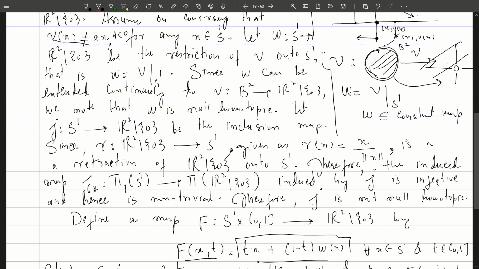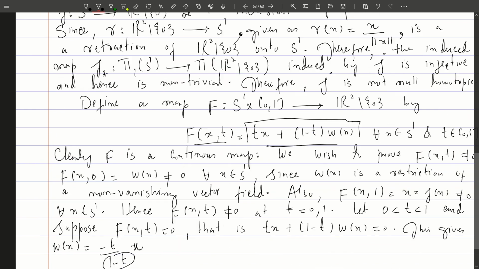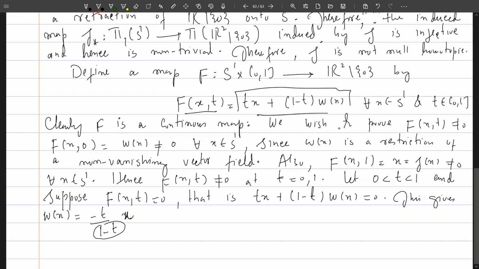So v of x cannot be equal to a times x where a is less than 0. This is not the case by hypothesis, by our assumption. So hence this is non-zero.